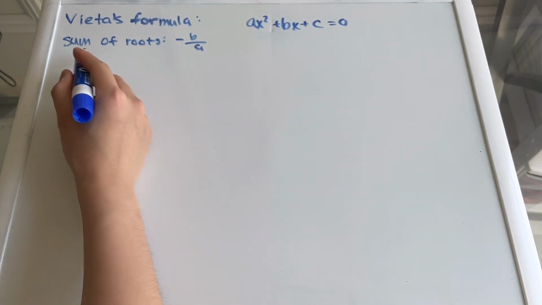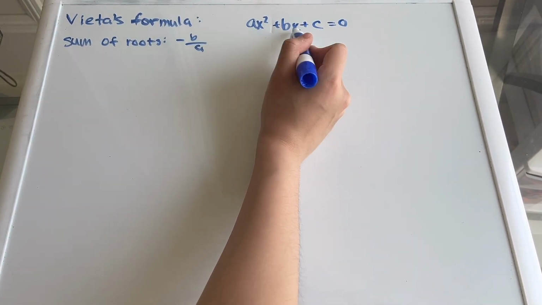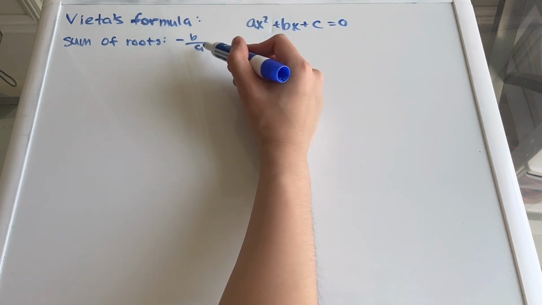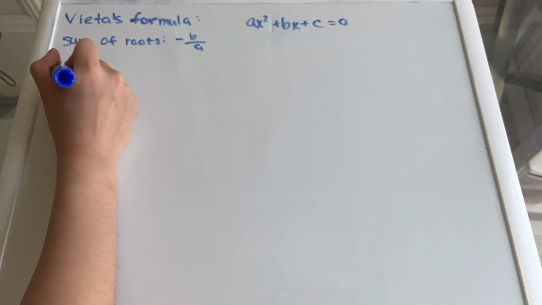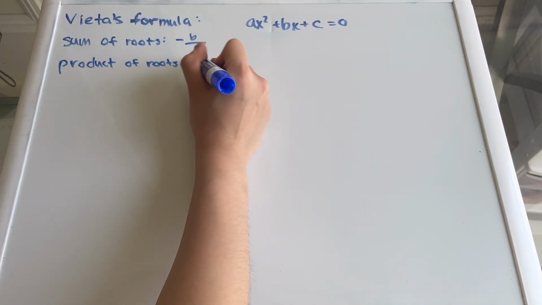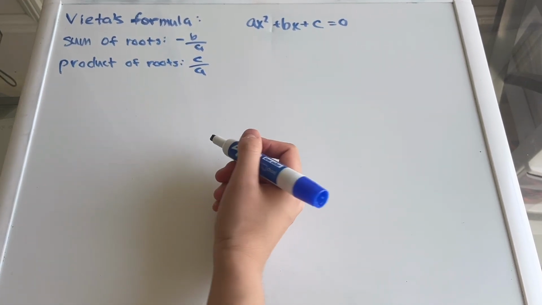So if you're trying to find the sum of the roots, you would go negative b, which is the coefficient of the second highest power, over a, which is the coefficient of the highest power. And then the product of the roots is equal to c over a, where c is the constant and a is still the same one as here.